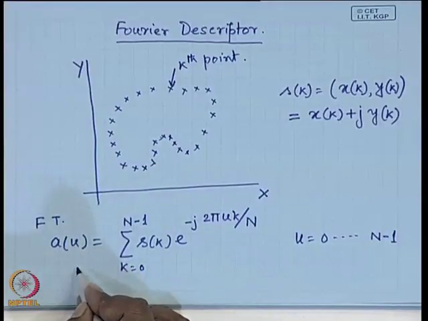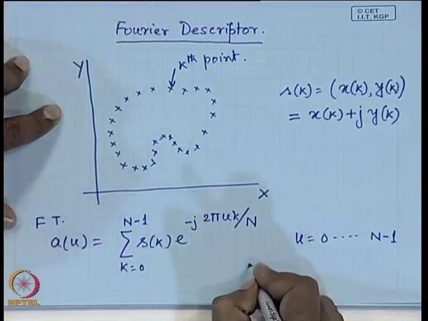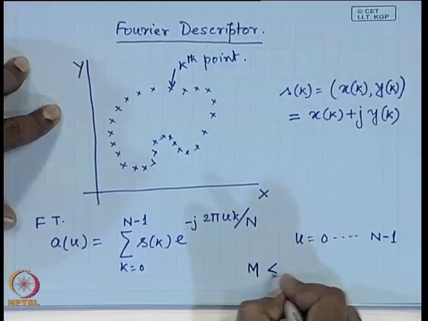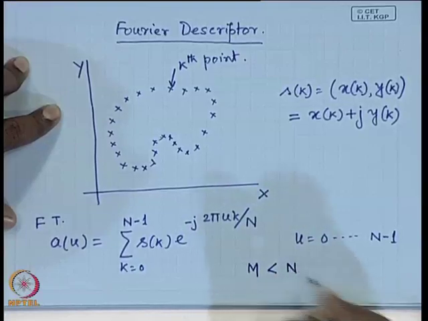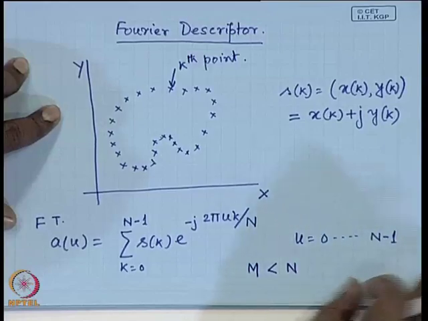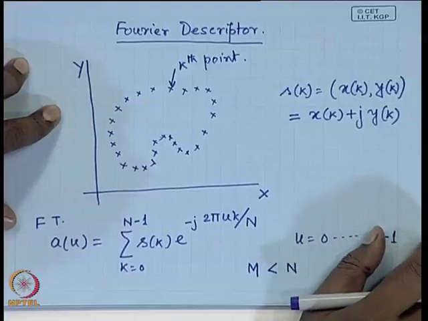Instead of considering all the N values of A u, I may decide to take only M values of A u, where M is much less than N, so that I can reduce the dimensionality of the feature vector.